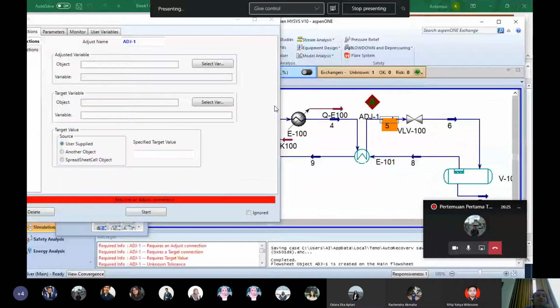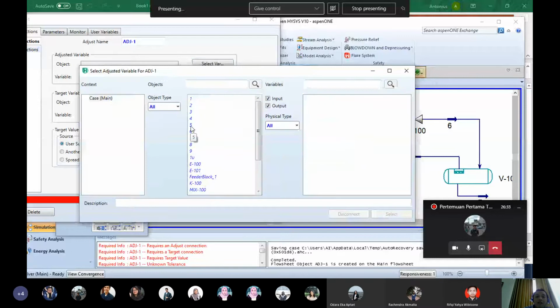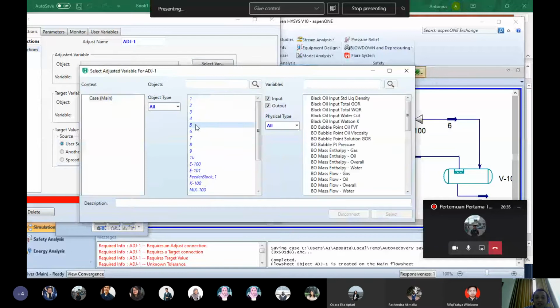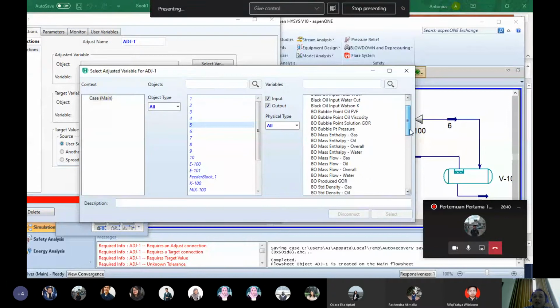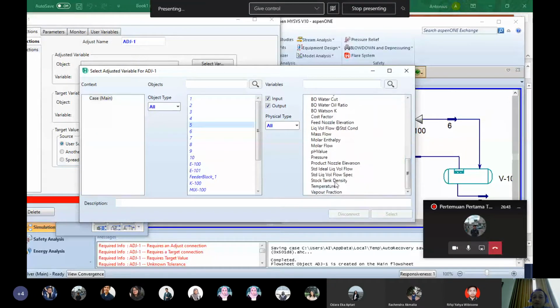In the adjusted variable, I will click select variable. I will point to stream number 5 here, and then find the process parameter of temperature. I click temperature and then click select.